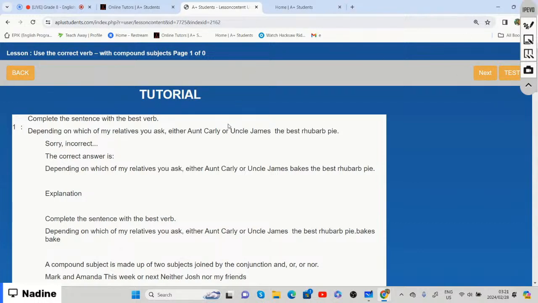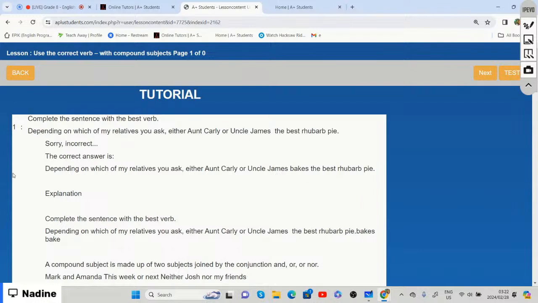So we need to choose between bake or bakes. All right.